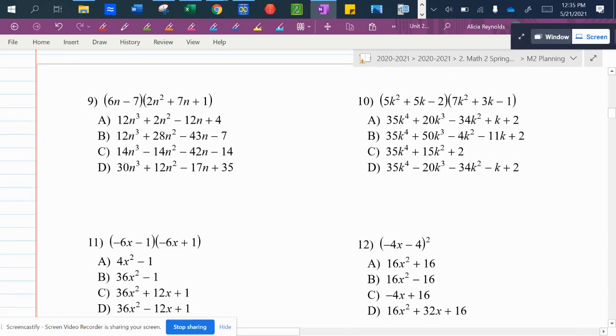For number 9, we should definitely use a box for this one because I cannot FOIL a binomial and a trinomial. So I'm going to have 2n, and let's move this over just a little bit.